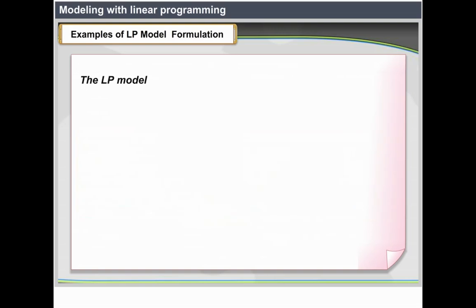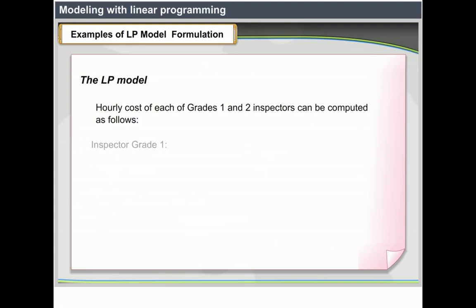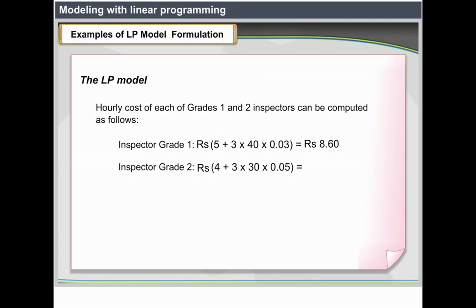The linear programming model. Hourly cost of each of grades 1 and 2 inspectors can be computed as follows. Inspector grade 1: rupees 5 plus 3 into 40 into 0.03 equal to rupees 8.60. Inspector grade 2: rupees 4 plus 3 into 30 into 0.05 equal to rupees 8.50.